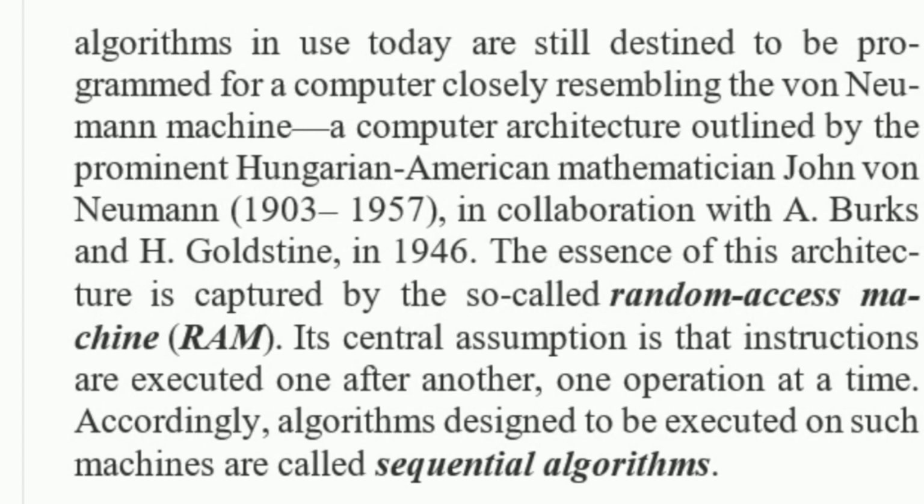The essence of this architecture is captured by the so-called random access machine, that is, the RAM machine. Its central assumption is that instructions are executed one after another, one operation at a time. Accordingly, algorithms designed to be executed on such machines are called sequential algorithms.